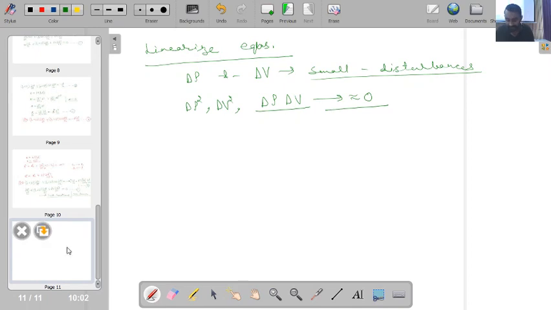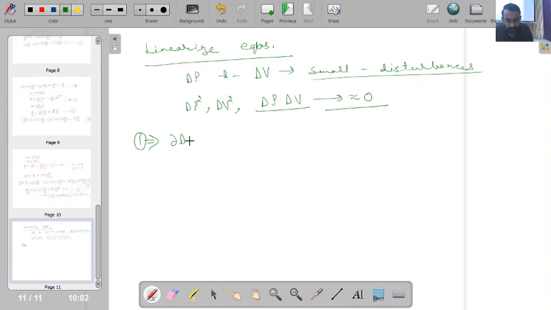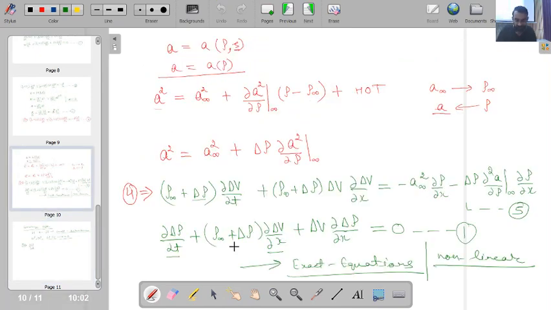So if this is the situation, then let me go to equation number 1. My equation number 1 will become del rho by del t, and the second quantity of equation 1 will become plus rho infinity into del delta v by del x.